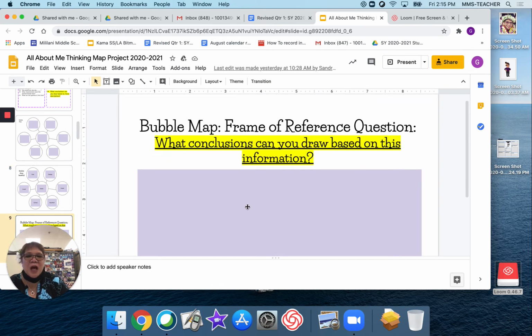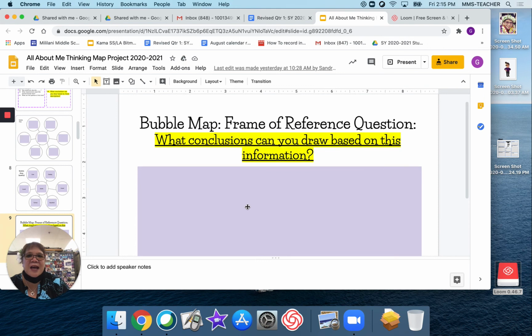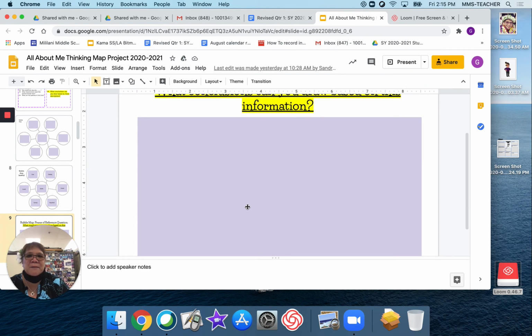You're going to write down what conclusions you can draw based on this information. The conclusions are based on whatever you had written, the information you provided, and how you drew that information that describes you. Again, you're going to be writing in complete sentences as you do that bubble map.